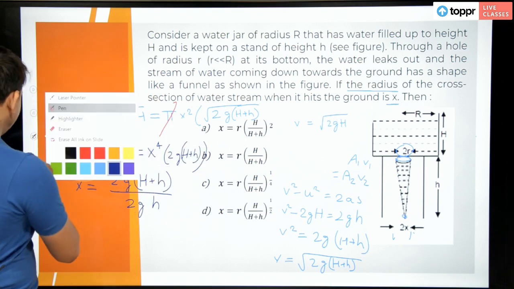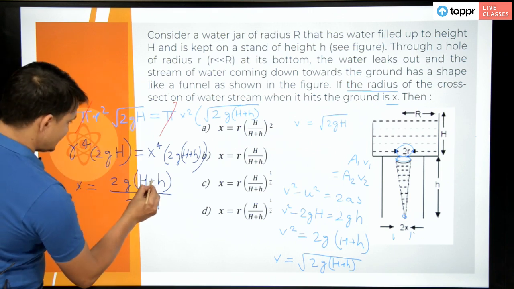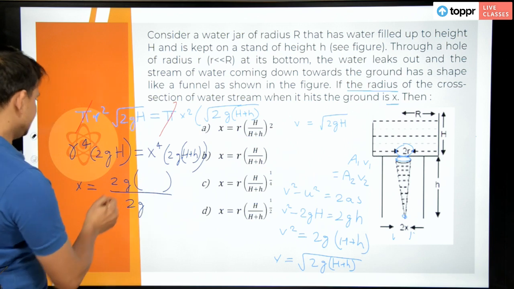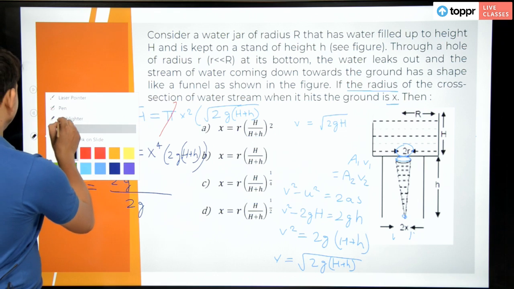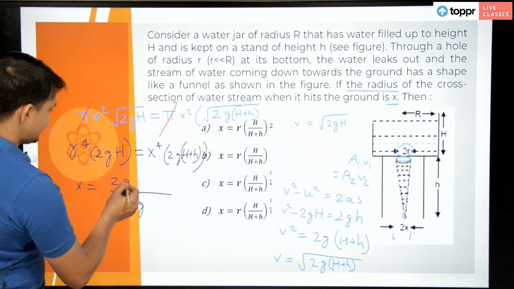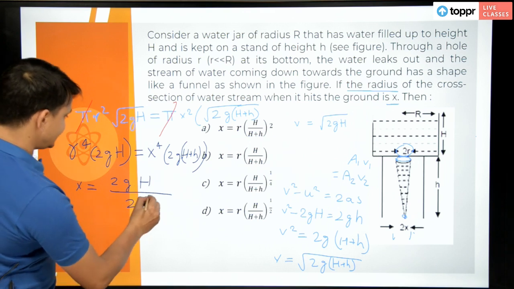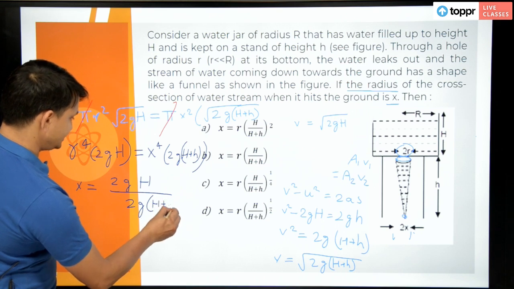So, this 2g capital H divided by 2g times capital H plus small h.